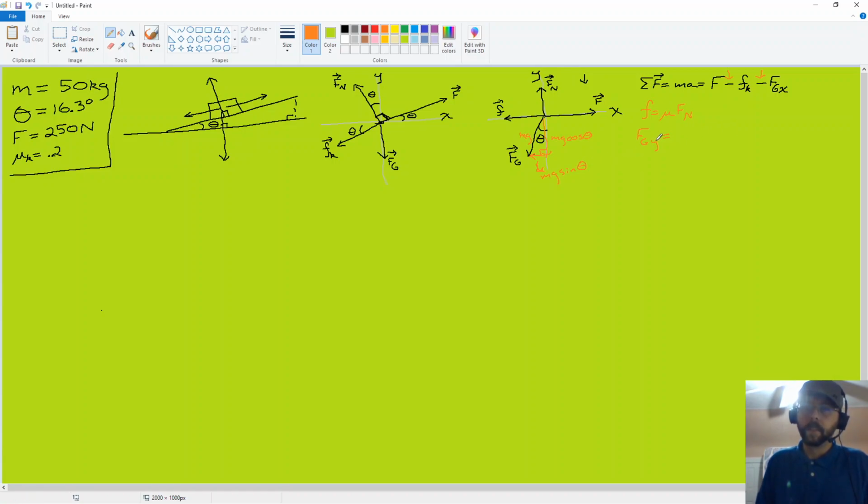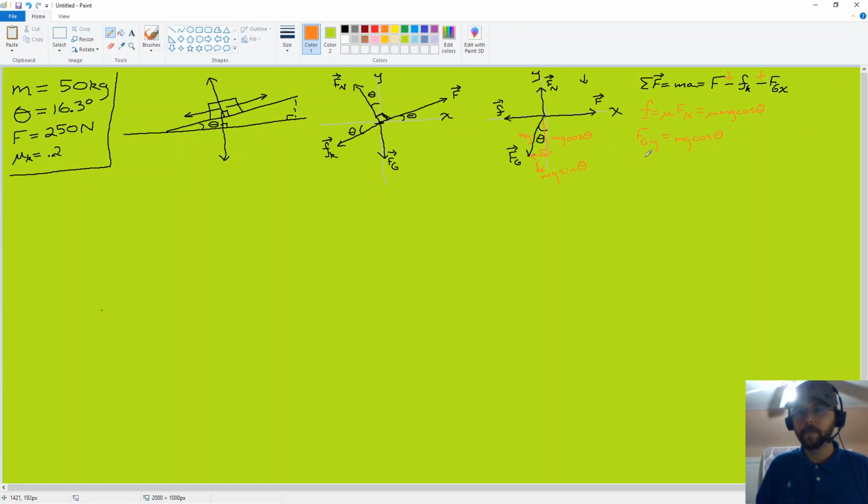And so in the y direction, we have mg cosine of theta. Then the friction force equals mu times mg cosine of theta. This one would be positive because it's opposite in direction, if I were paying attention to signs at this point, which I'm not.